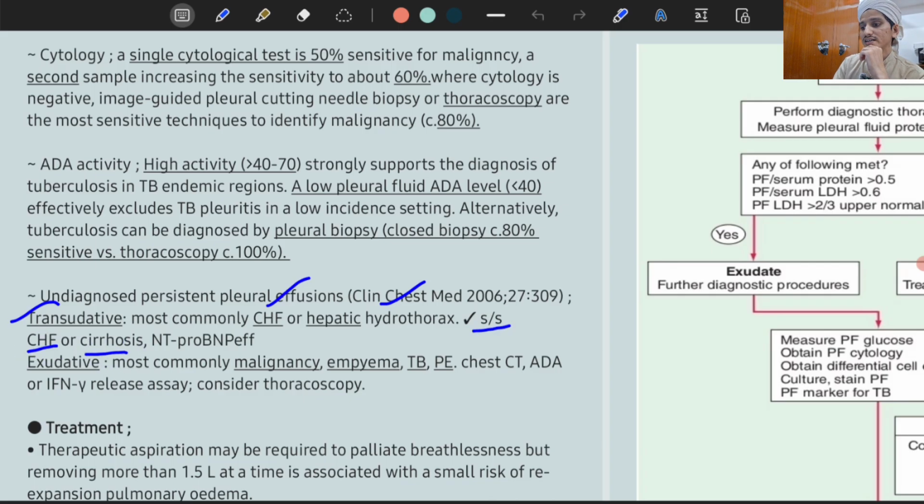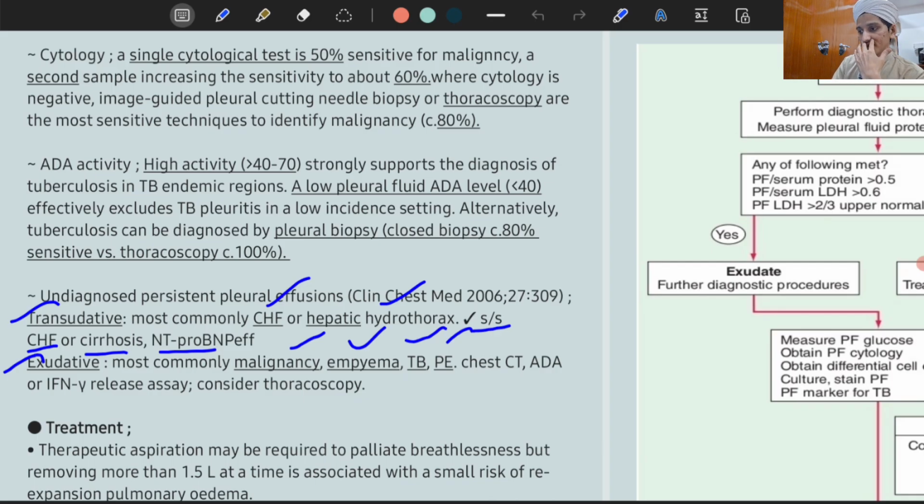We can do NT-proBNP of the pleural effusion fluid. Okay, and in exudative, the most common causes are malignancy, empyema, tuberculosis, pulmonary embolism. These are the most common causes of undiagnosed persistent pleural effusion.